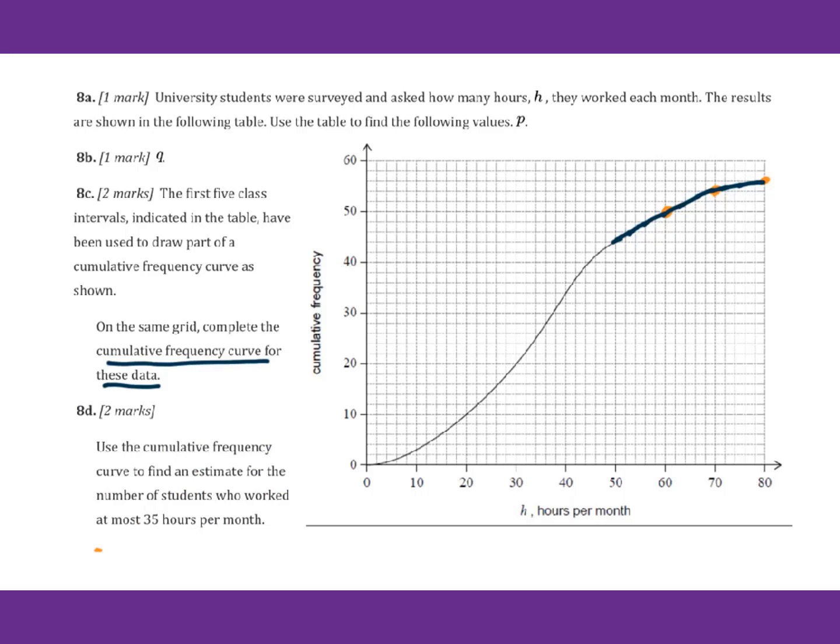For 8D, use the cumulative frequency curve to find an estimate for the number of students who worked at most 35 hours per month. You will find the 35. Let's go this way.